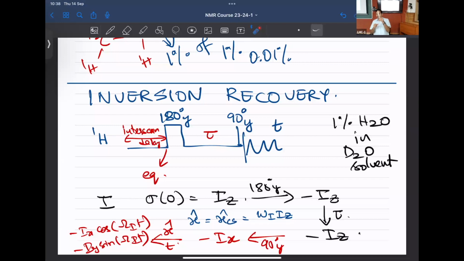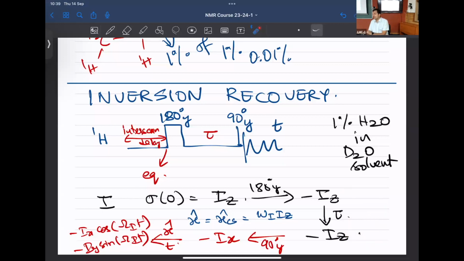If you end up applying a 180-degree pulse, from a semi-classical picture, what do you think is going to happen after you have applied it? Relaxation. Slowly come back. Exactly. Relaxation will happen. Longitudinal relaxation would happen. So therefore, the length of the vector will slowly keep changing as a function of time, which we are not including in this part. So in reality, there will be some relaxation that would have happened.